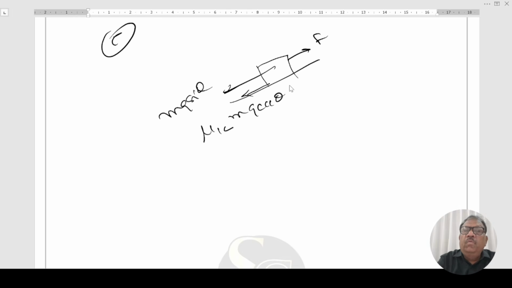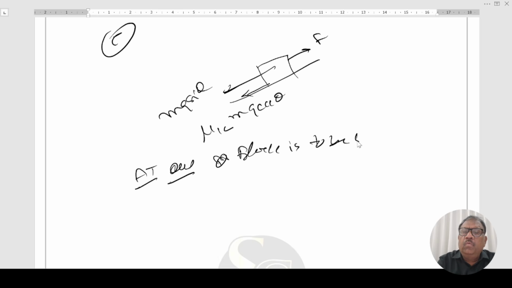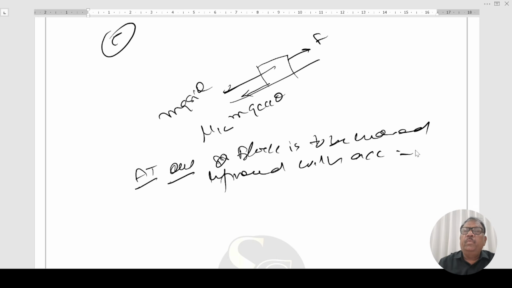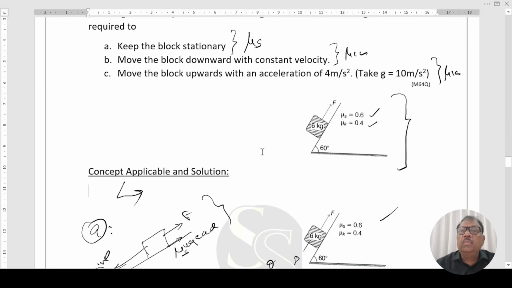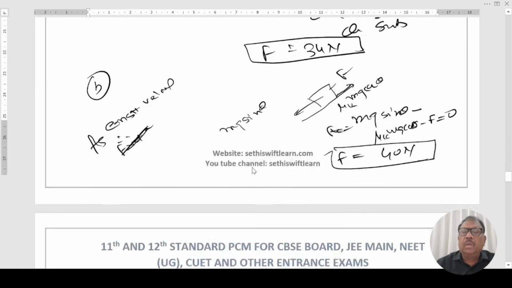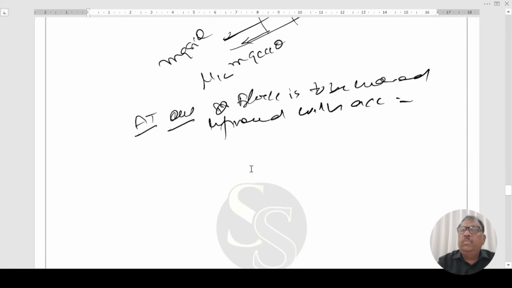So it is to move upward according to the question. The block is to be moved upward with acceleration 4 meters per second square.